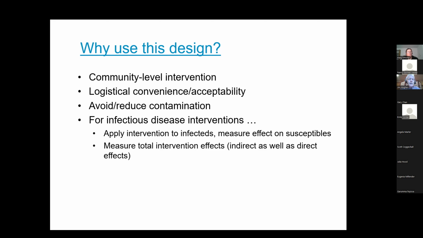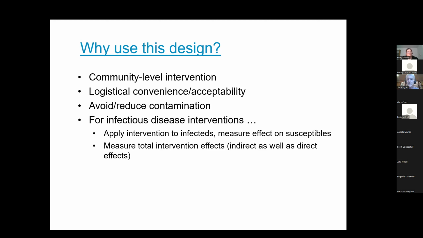There's a really interesting aspect to these cluster or community randomized trials when you're dealing with infectious disease interventions, because you can, in principle, sometimes, if it's appropriate, develop an intervention for infected people that is designed to reduce transmission to uninfected people. And so in that case, you're applying the intervention to one group, infected people, but measuring the outcome on susceptible people.